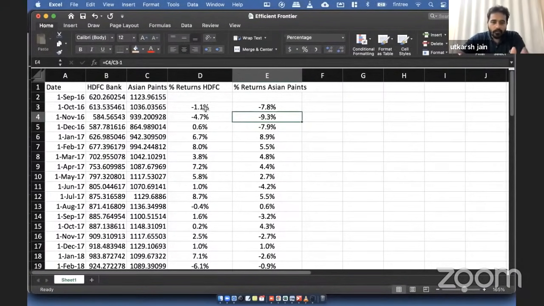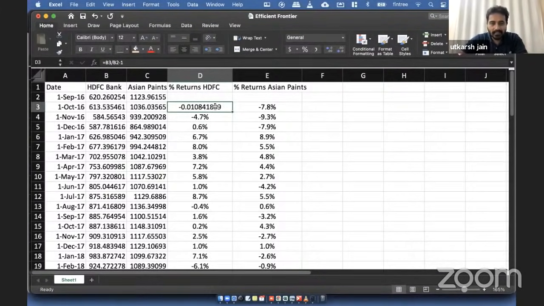Now, when you do it for the first time, for some of you, the number will look like this, and you would wonder what's happening. Basically, it's just a formatting question in Excel. So how do you change the number to make it look like percentage?